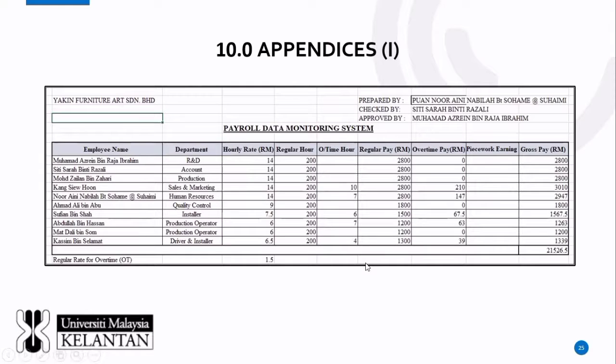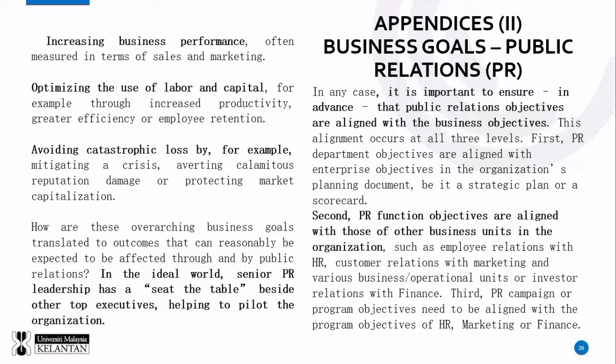We attach the appendices, covering 10 employees overall. I give the chance to Miss Mandy to explain about it. Okay, thank you, Mr. Yan. About the appendix business goal: increasing business performance is most important for our PR department, often measured in terms of sales and marketing.